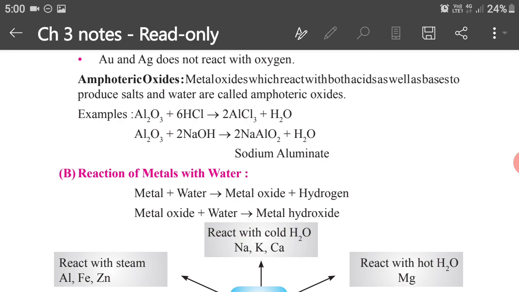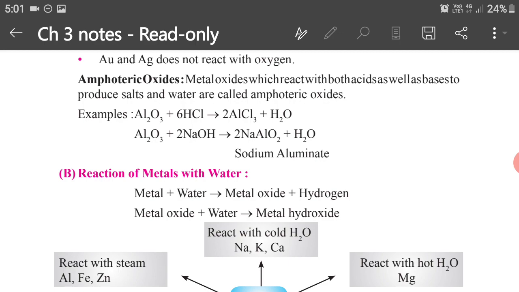Generally, as we discussed in the last topic also, metallic oxides are basic in nature and non-metallic oxides are acidic in nature. But interestingly, zinc oxide and aluminium oxide are the two which can react with acid as well as base, and they form salt and water.